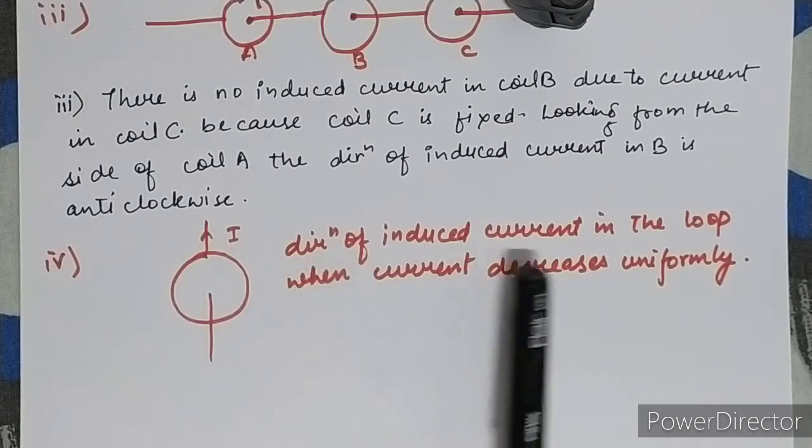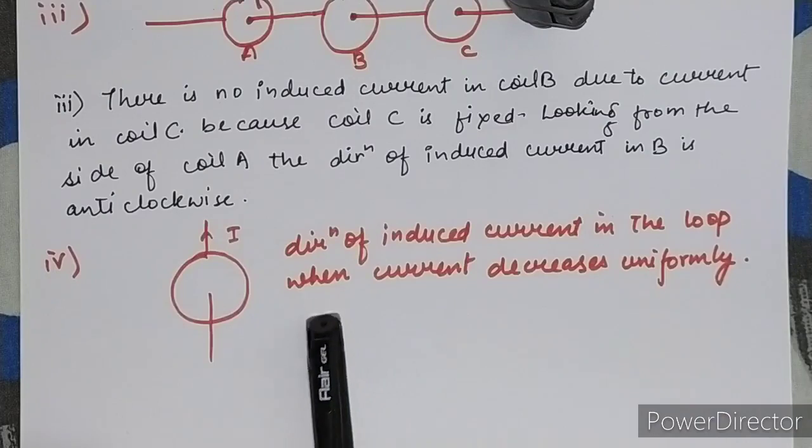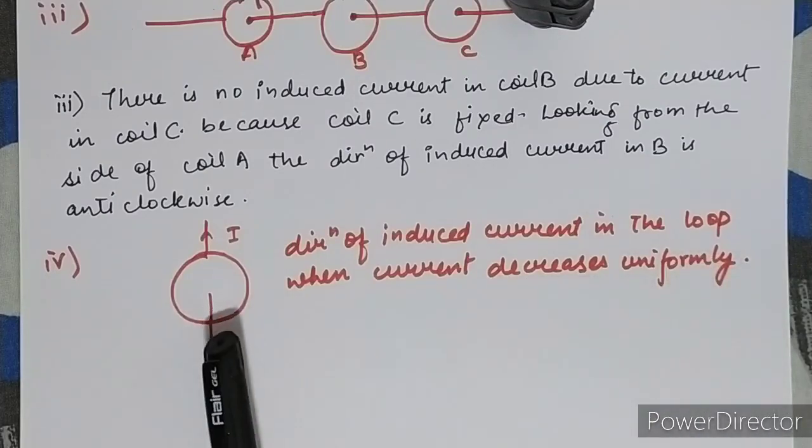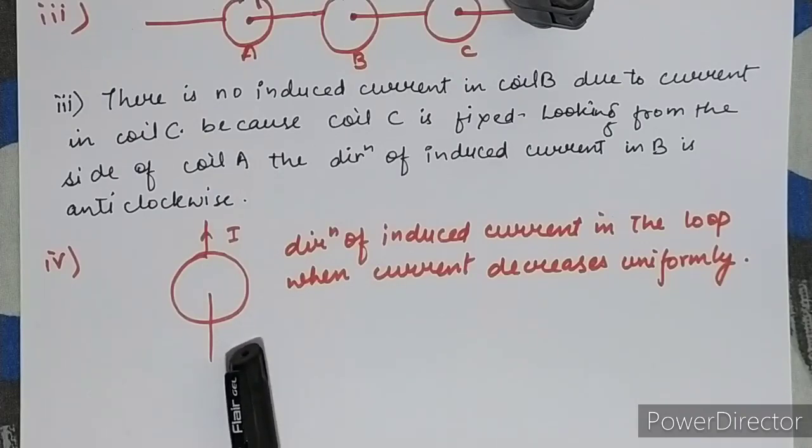That the direction of the induced current in the loop. What is the direction of the induced current in the loop when the current decreases uniformly? But when we are just taking the rate of change of its magnetic flux which is associated with this circular loop is a constant one. So from here it is concluded that the current will not be induced in the loop.